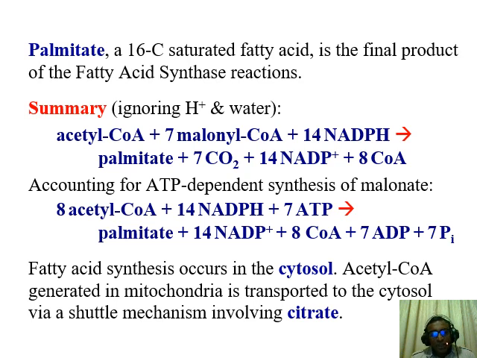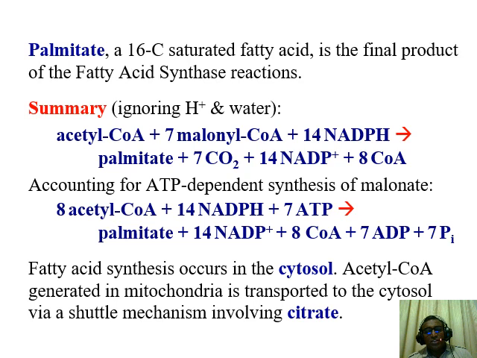Something which has been highlighted at the bottom is the issue where the acetyl coenzyme A is mostly found in the mitochondria. However, the fatty acid synthesis happens in the cytoplasm, so how does the acetyl coenzyme A found in the mitochondria need to be brought out from the mitochondria to the cytoplasm?